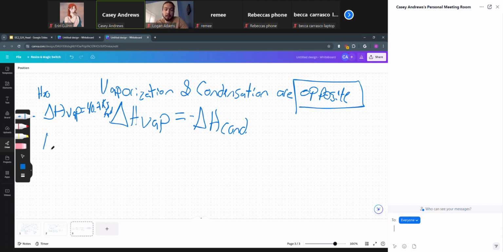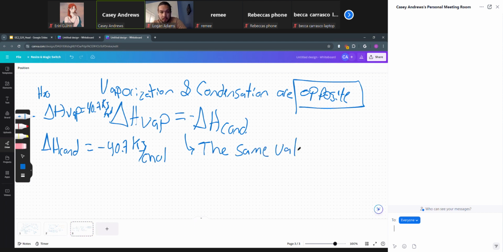Delta H condensation for water, what this says is that it's equal to negative 40.7 kilojoules per mole. So what this expression says is that delta H vap and delta H condensation are the same value, but opposite signs.